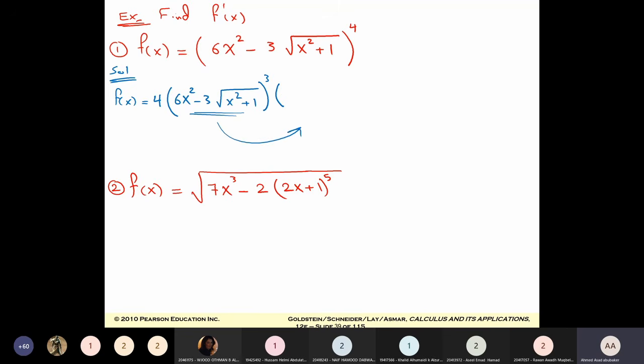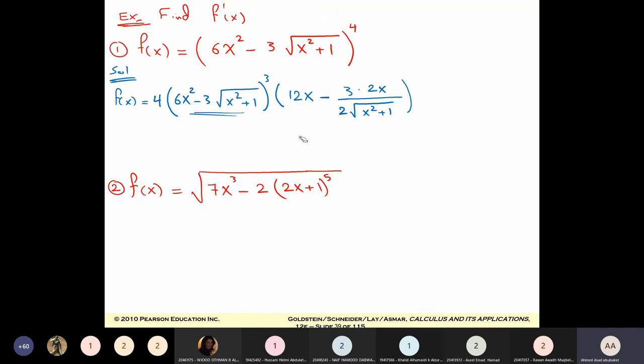What is the derivative inside the brackets? 6x squared, this is equal to 12x, minus, we have 3, multiplied by the derivative inside the radical, we have 2x over 2 multiplied by radical x squared plus 1.